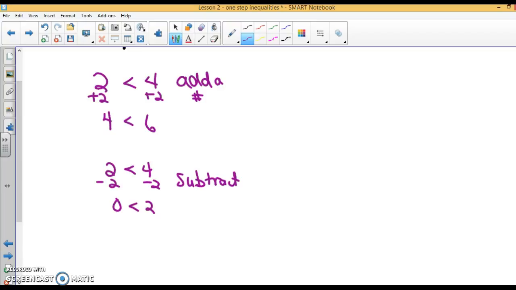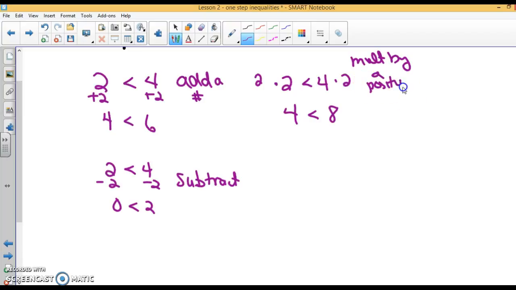Now, let's look at multiplying and dividing. So I'm going to do 2 is less than 4. Again, that's true. Let's multiply both sides by a positive 2, and I will get 4 is less than 8. Still true. So multiplying by a positive, the inequality remains true because 4 is less than 8.